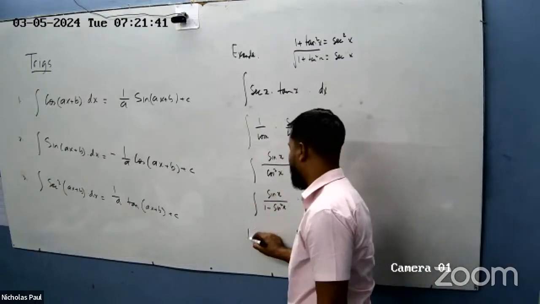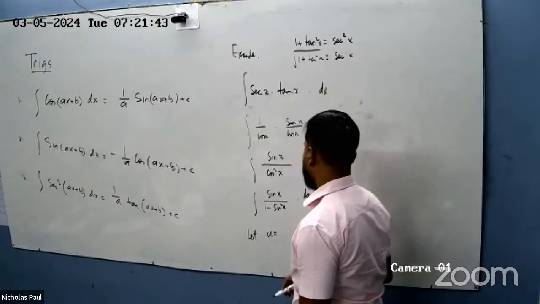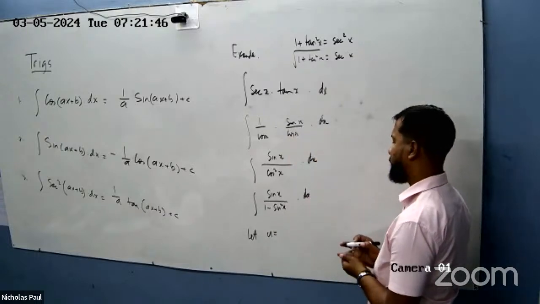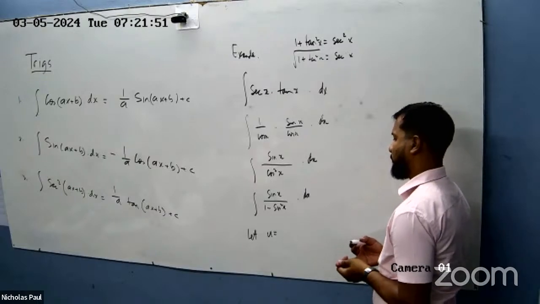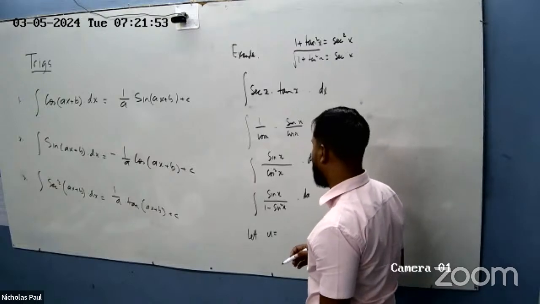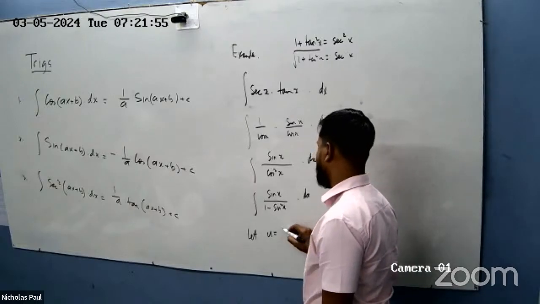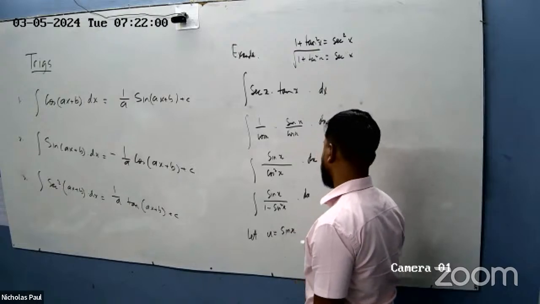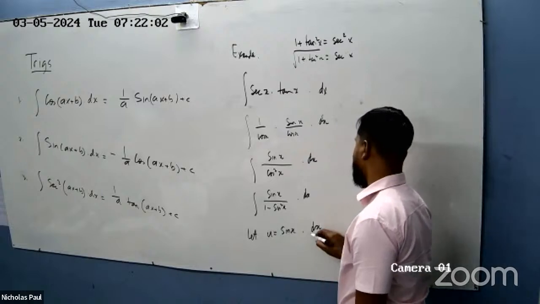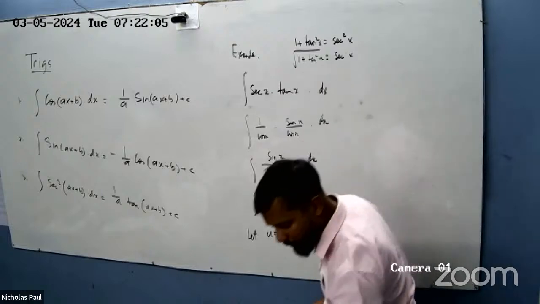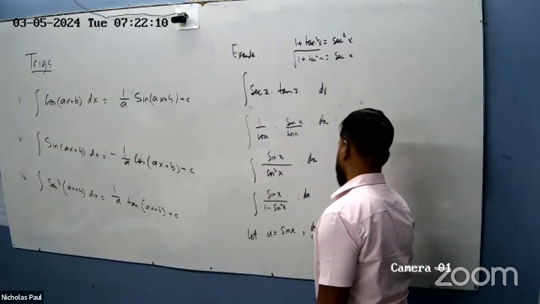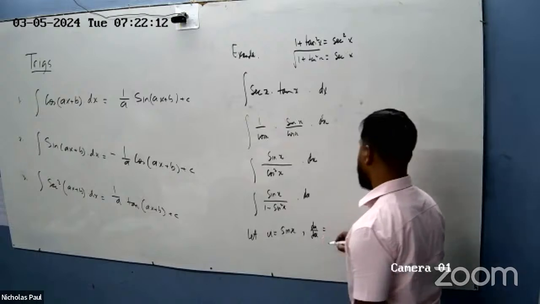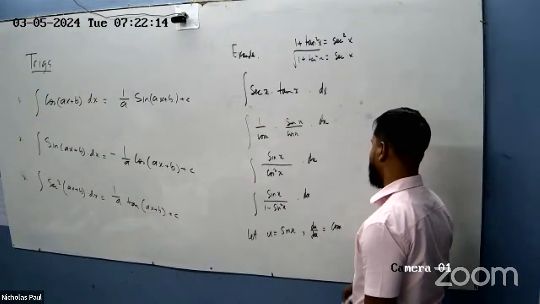Right? And if we let u equal sine x, you'll get du dx to be cos x.